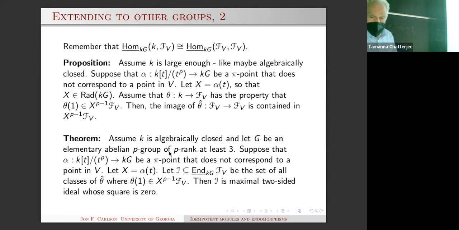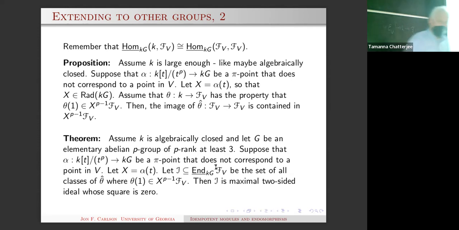And you let this thing be the set of all classes theta, where theta of 1 is contained in there. Then this is, I think, an I. Okay, then what is I? It turns out to be a maximal two-sided ideal in the endomorphism ring of the trivial module, or the endomorphism ring of f of v. It's a maximal two-sided ideal, and its square is 0.